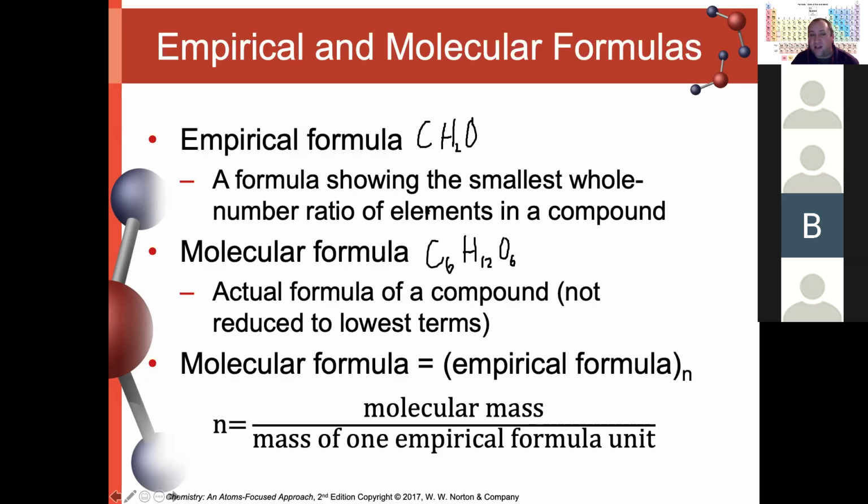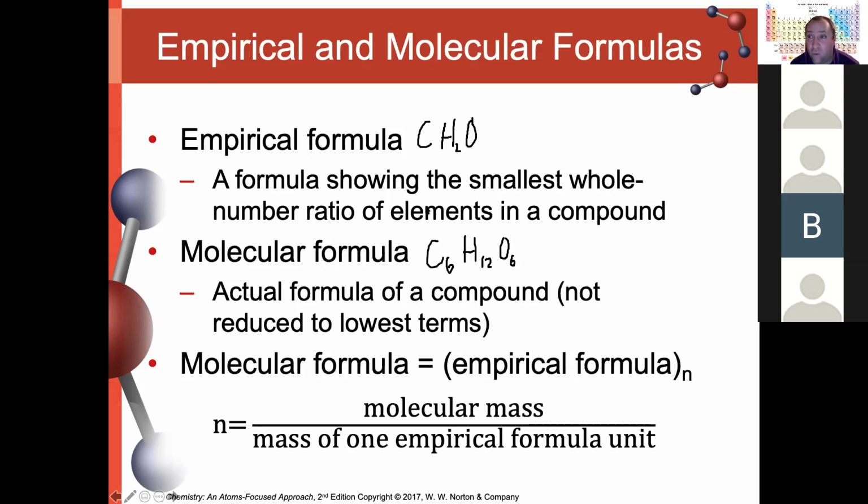Now, you might be asking yourself, well, why would anyone do an empirical formula? Well, the reality is when we do elemental analysis based upon percent compositions using techniques like mass spectroscopy or other spectroscopic techniques like GCMS or LCMS, empirical formulas might be the only thing that we have to go on.